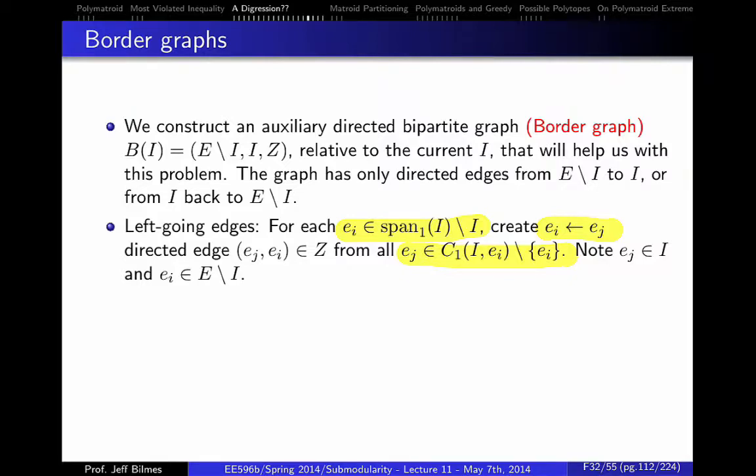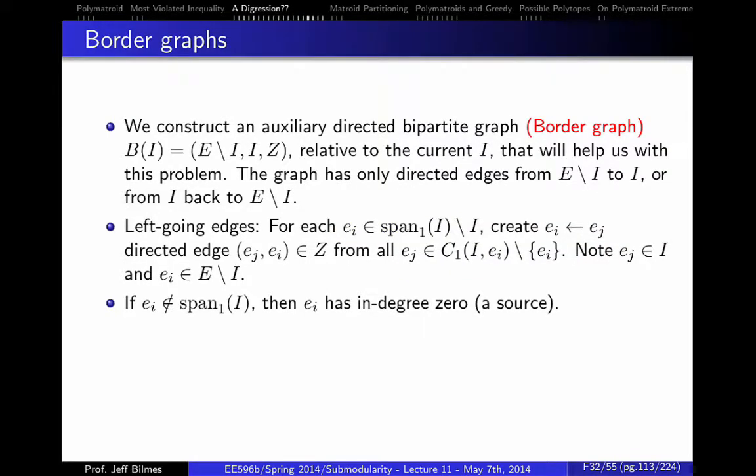And if there is no such instance, in other words, if E is not in the span of I, then EI has a degree of 0.